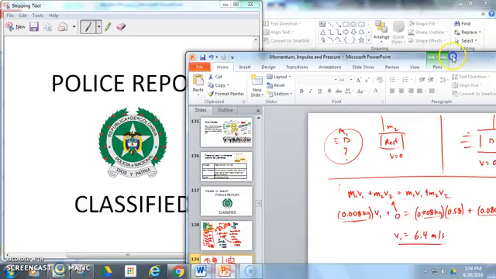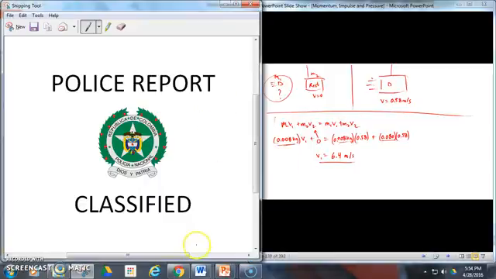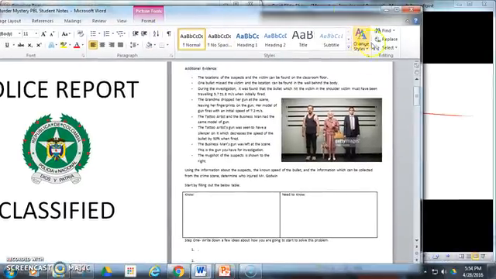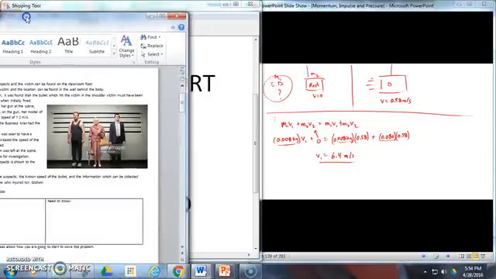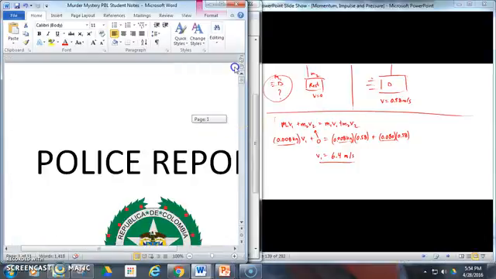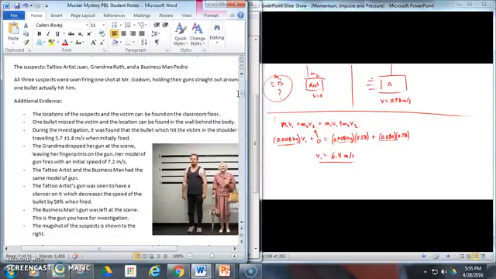And let's look at the police report and see if we can rule out a suspect. So here it is. It says, during the investigation, it was found the bullet which hit the victim in the shoulder is traveling 5.7 plus or minus 1.8 meters per second. So what does that mean?